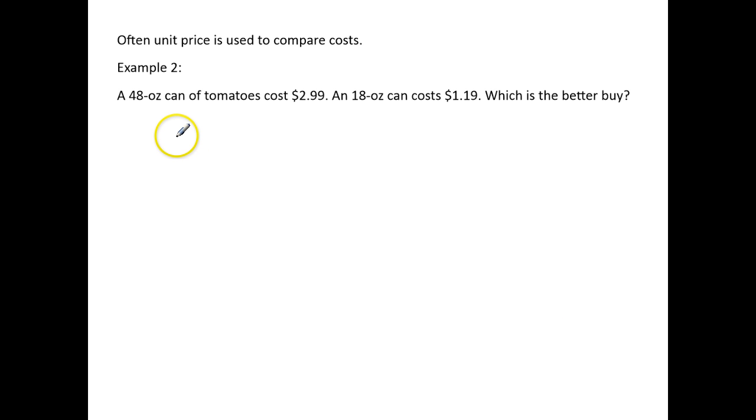So again, we take the cost, $2.99, and we divide out the number of ounces. So 2.99 divided by 48 gives us approximately 0.062, so about 6 cents per ounce.